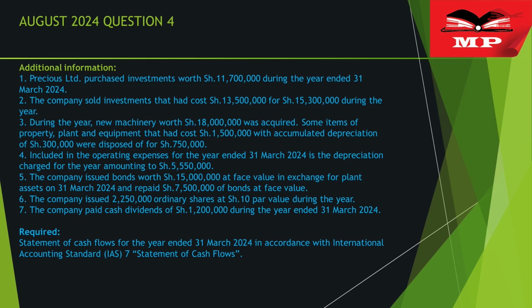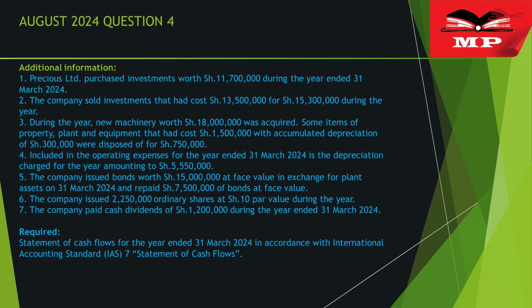Number 6, the company issued 2,220,000 ordinary shares at 10 shillings per value during the year. Number 7, the company paid cash dividends of 1.2 million during the year ended 31st March 2024.